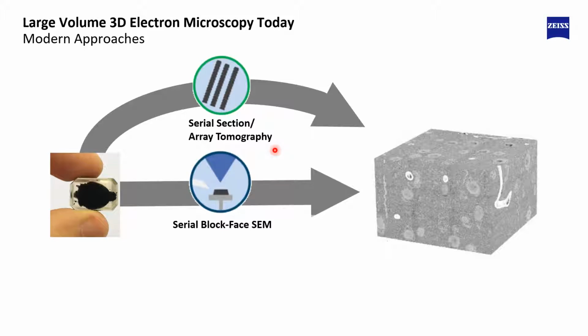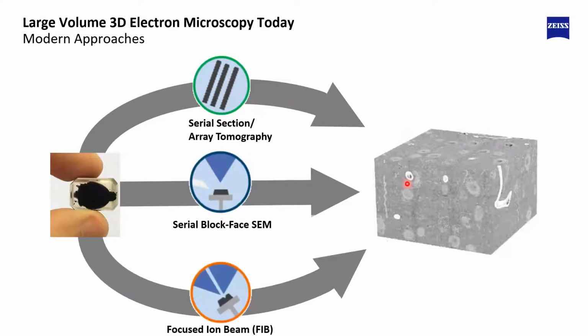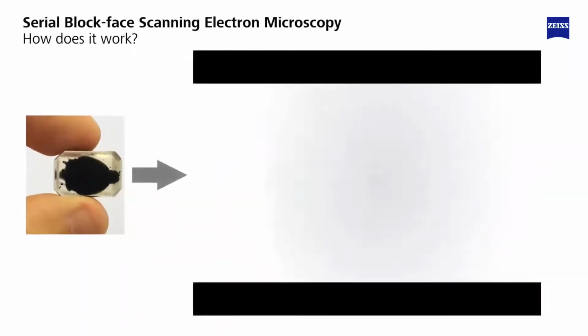Then a cut would happen, and over time we would put together a data set, just like the one here on the right. Lastly, we can use focused ion beam scanning electron microscopy, and you can just imagine that you're replacing the diamond knife with a focused ion beam to mill into this third dimension. Again, in the following slides, I will go into much more detail about how that works. So let's focus first on the serial block face technique.